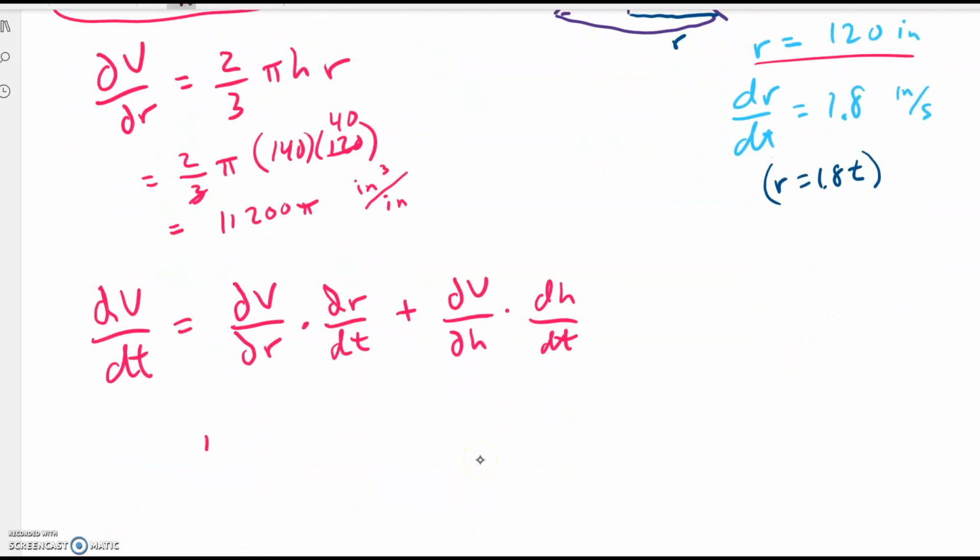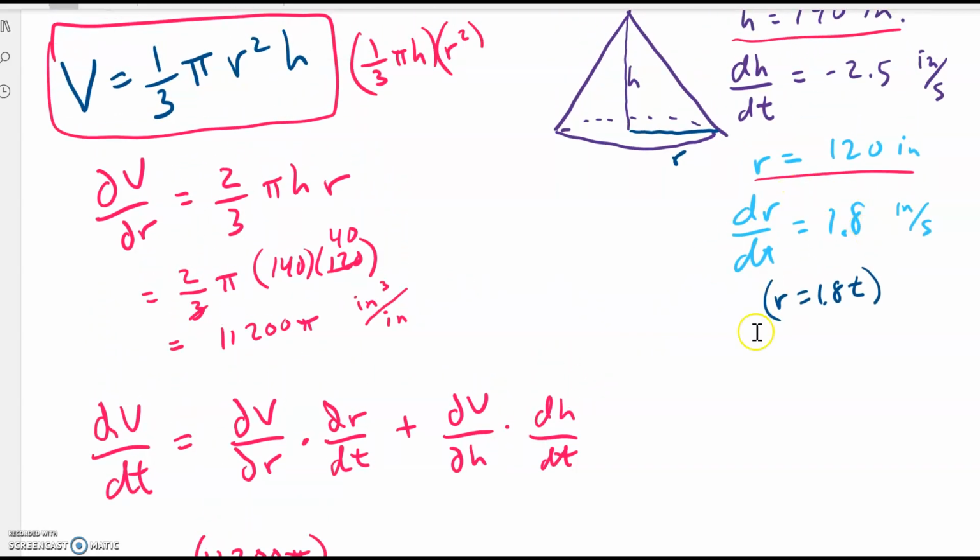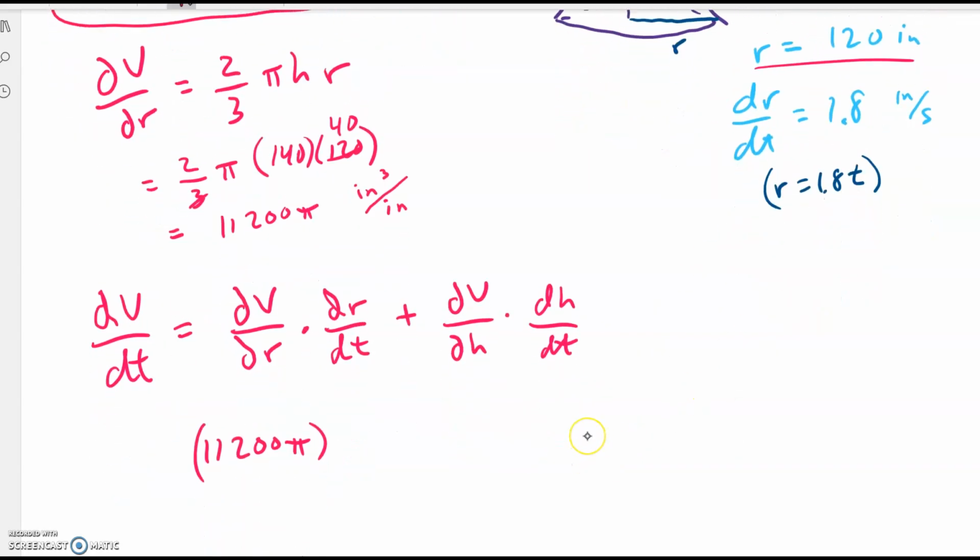dV/dr is 11,200 pi. Okay, now dr/dt, that's just given. dr/dt is 1.8. So I'll just multiply that right now. Okay, now let's include the units here, because especially with these related rate questions, it really helps to have the units.